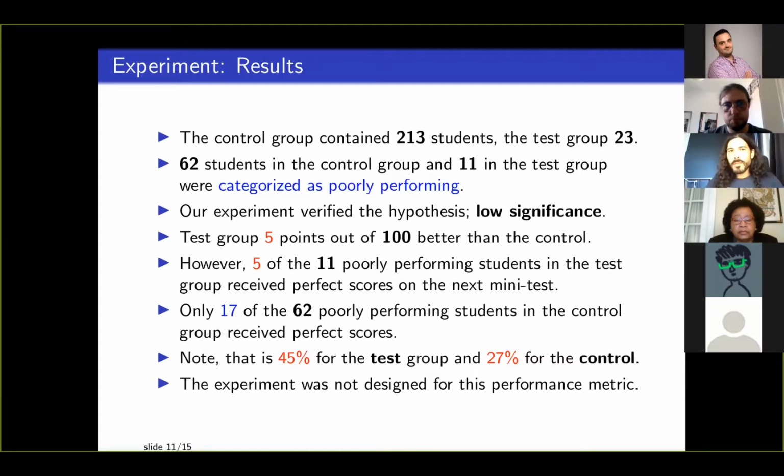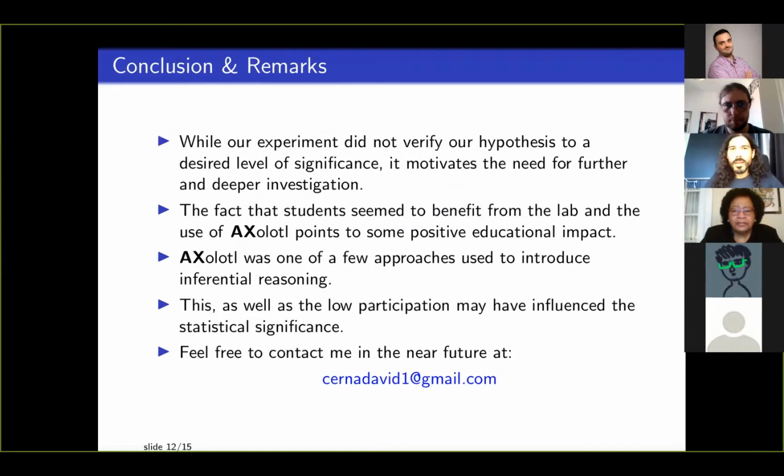In particular, I see I'm almost out of time, so I wanted to point out that when we look at students that did perfect on the next mini test, we saw a significant difference. 45% of the test group did perfect on the next mini test, but only 27% of the control group did perfect. So somehow some students really got it based on this software. While it didn't verify the hypothesis at the desired level of significance, it points towards the need for more investigation.